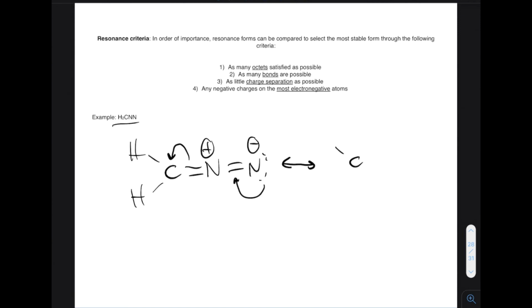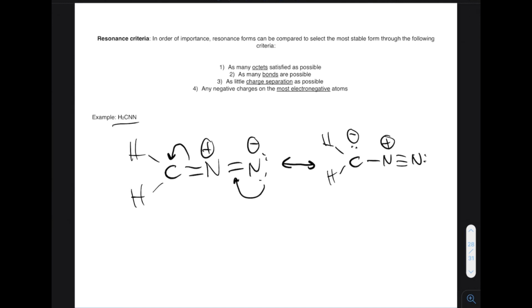So now this carbon has a lone pair. There's only 1 bond here. Now there's a triple bond on this nitrogen. The middle nitrogen hasn't changed in its connectivity, so it is still positively charged, but now the carbon is negatively charged, right?